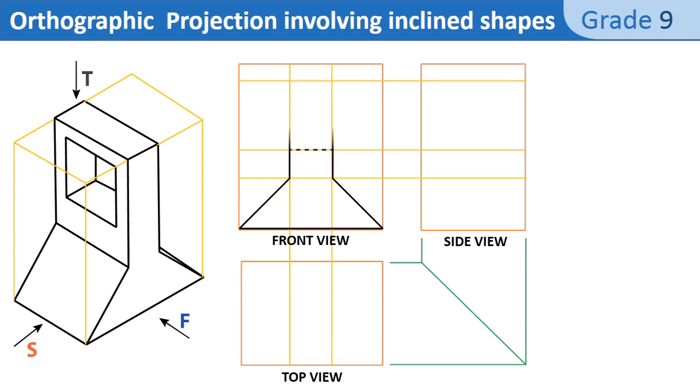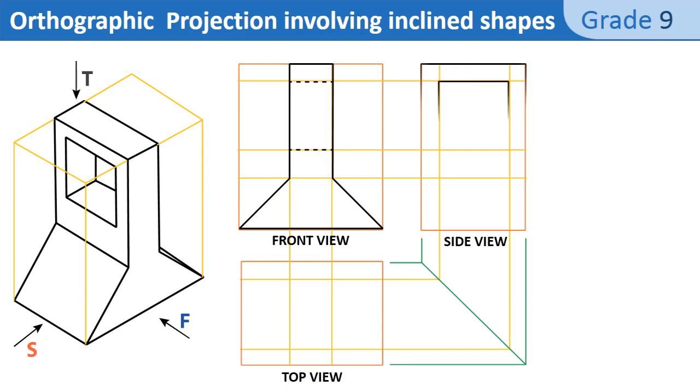Afterwards, the side view is drawn. The other projection line that I use to draw the side view will be done in such a way that it reaches the top view by passing through the miter line. And last step, the top view is drawn.